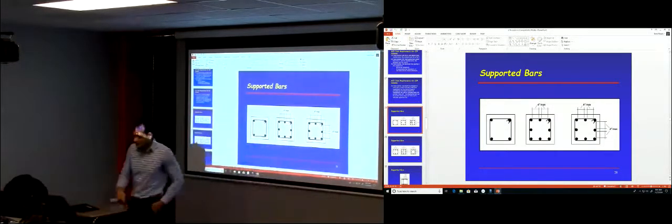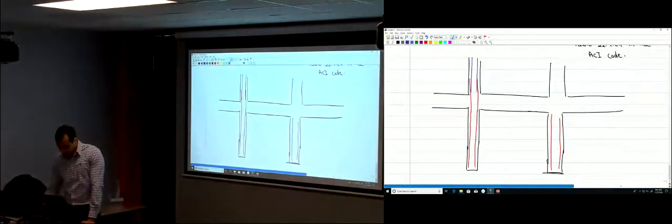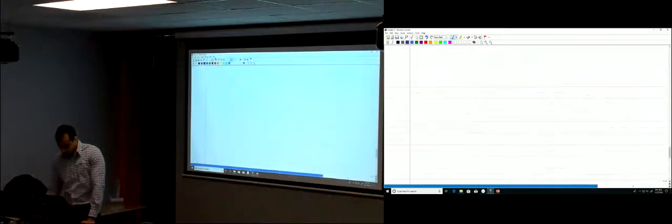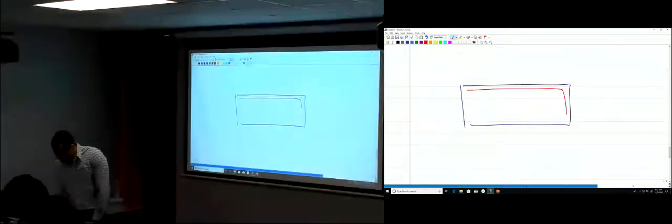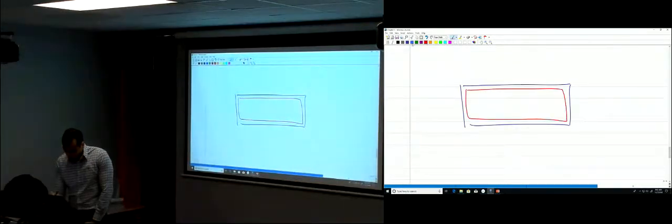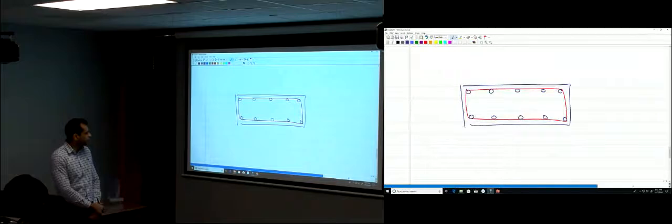So the thing is, let me draw this. You have a column that looks like this, and you have your stirrup, and those are the longitudinal bars. You need to put all those longitudinal bars in the column.